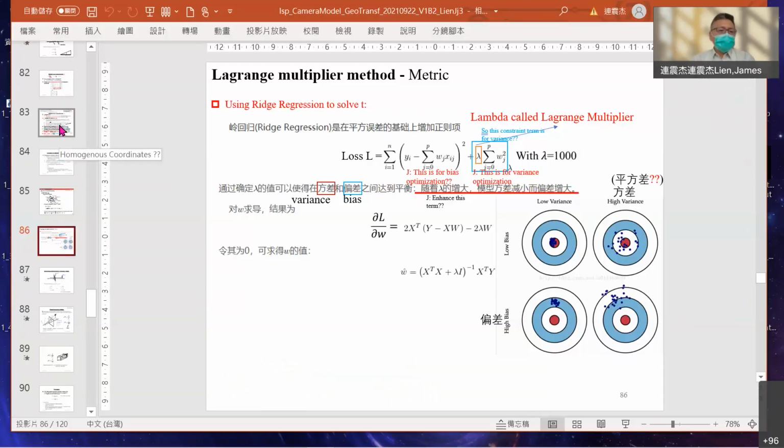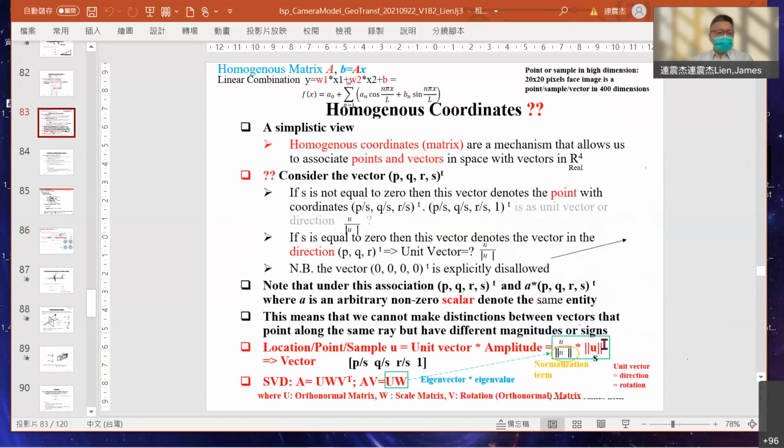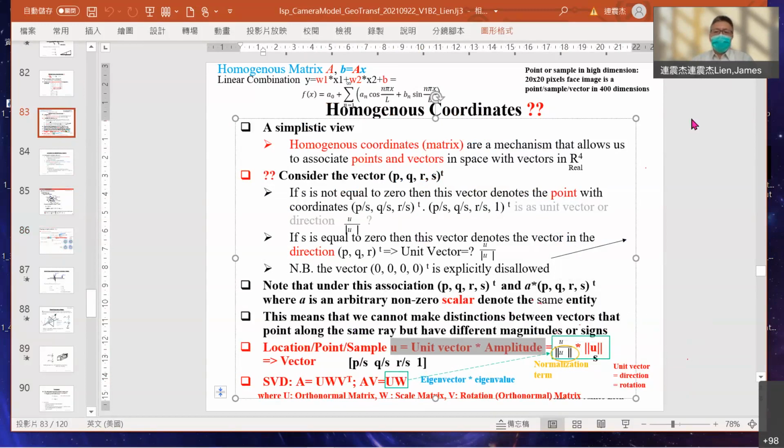Last week, on page 83, we mentioned homogeneous vectors and matrices, and that a unit vector equals the unit vector times the amplitude.